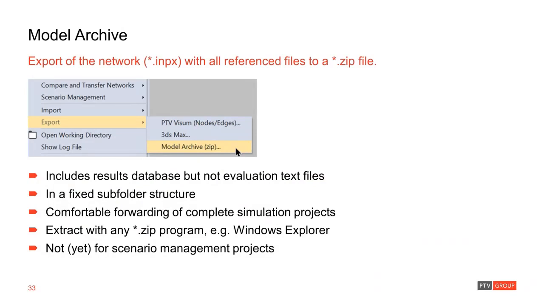This is another feature which has been requested multiple times, and that's the model archive. You know, if you want to pass a complete Vissim project to a coworker, it's hard to find all the files, to copy all those from the data directory to some other place, and not to forget anything.